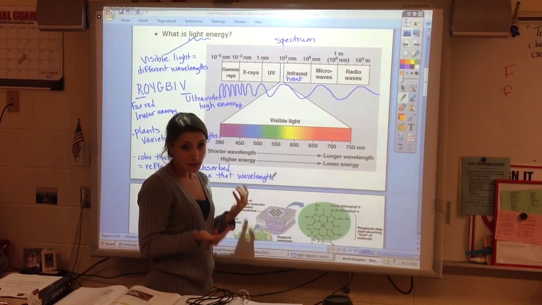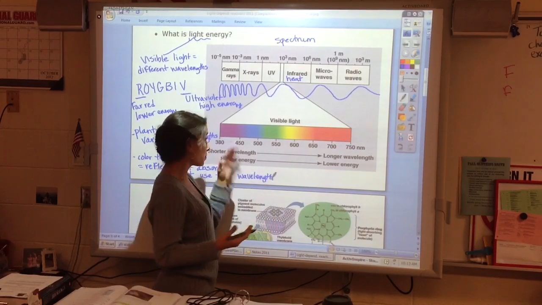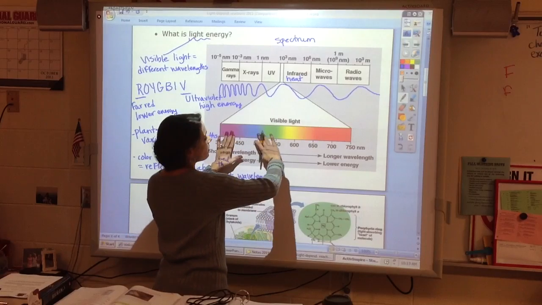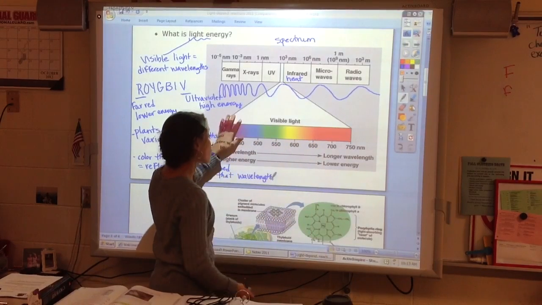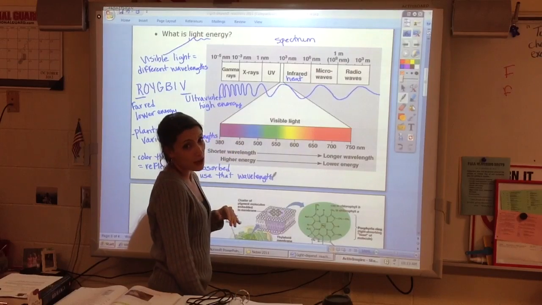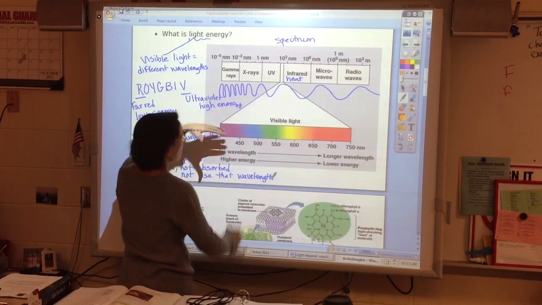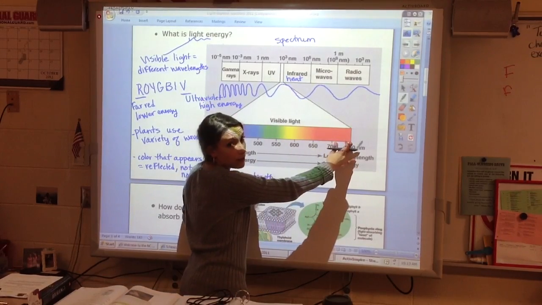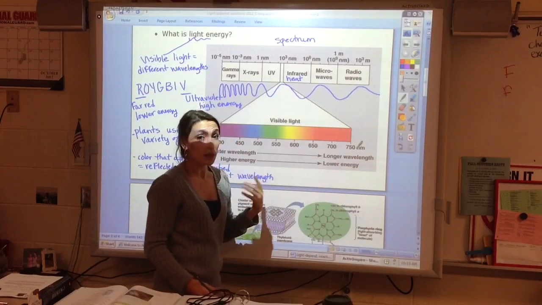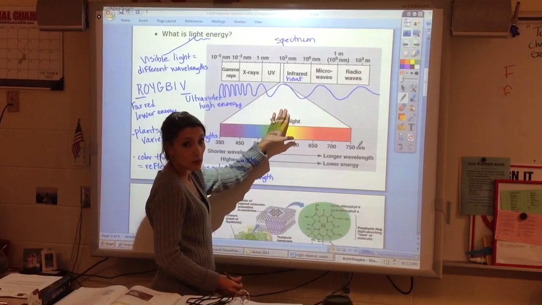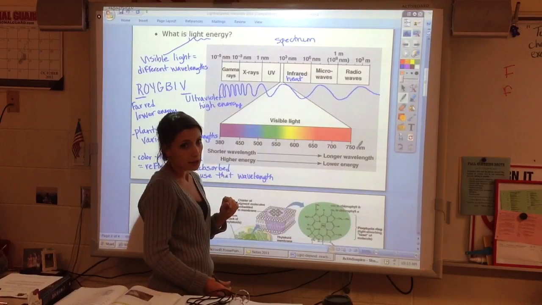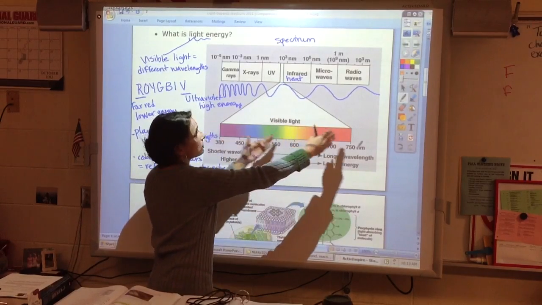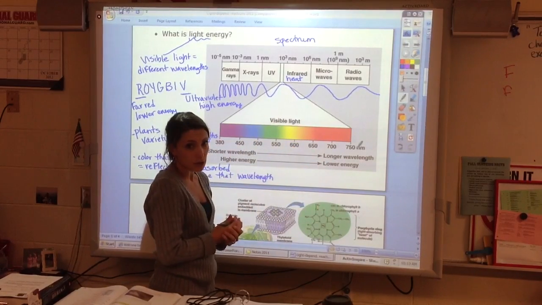When you see plants of different colors, like a plant that has purple, that means that it's using the blue, indigo, orange, yellow, and red, and it's reflecting the violet. So we do have to keep in mind, light comes in all these different wavelengths. These wavelengths appear to us as visible light. Plants are able to use visible light, but they're only able to use certain parts of the spectrum.